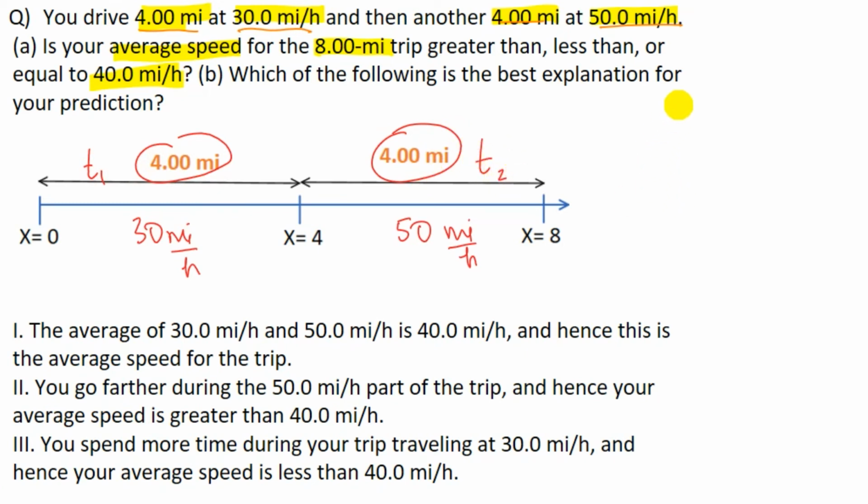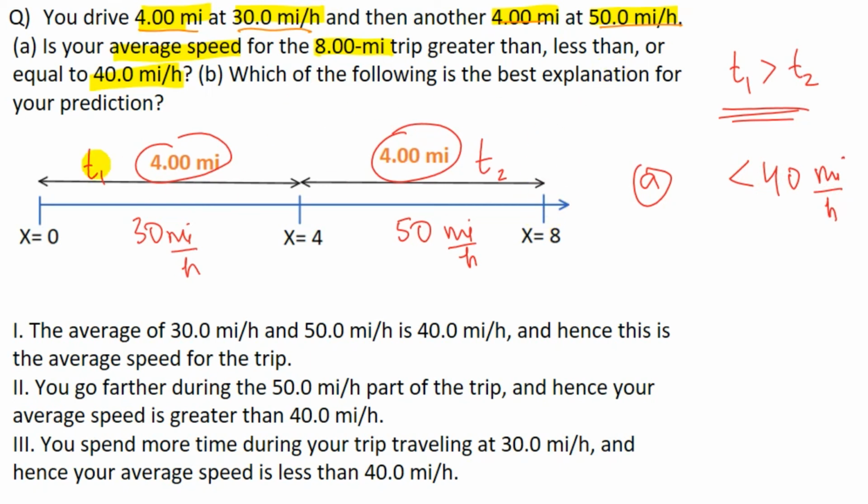Logically the time t1 should be greater than t2, because in the first case the speed is less and the distance is the same, and in the second case the speed is more but the distance is the same. Therefore we can conclude that you will be traveling at a lower speed for a greater period of time, and hence the average speed should be less than 40 miles per hour. So the answer for the A part is that the average speed is less than 40 miles per hour.